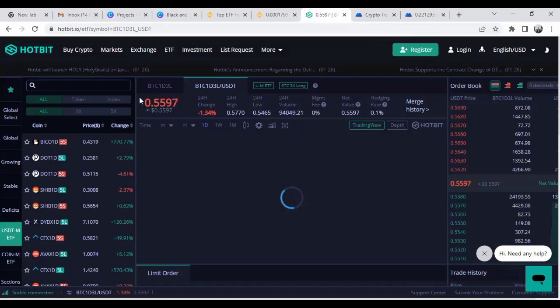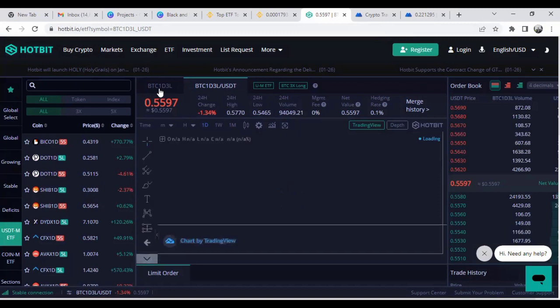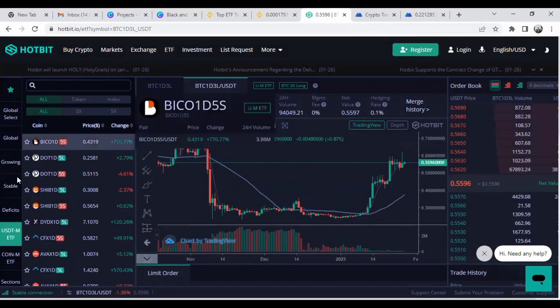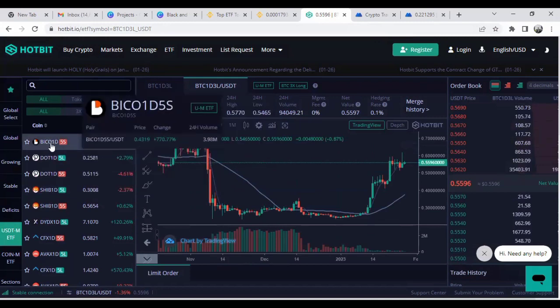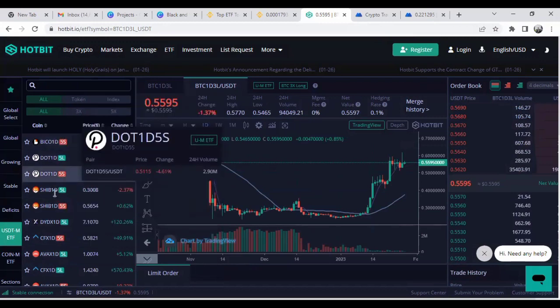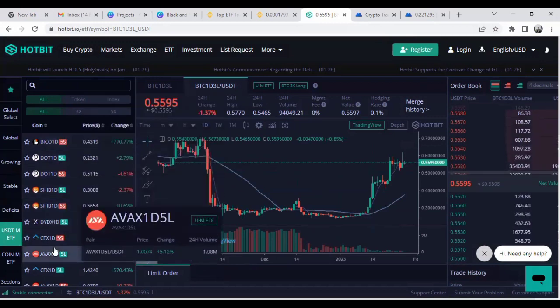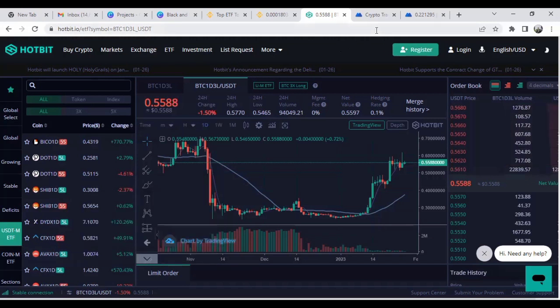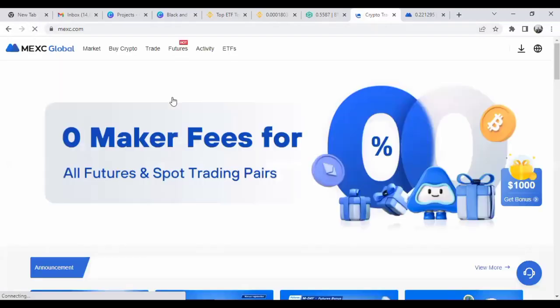You're seeing here, we have BTC ETF, the derivative of BTC actually. So you can always search. These are other ETF tokens. You can always search to trade any of these as well, based on whatsoever analysis you're using and whatsoever coin you wish to trade. Now, you would see that we also have ETF offers on Mexc as well. I'm just waiting for this to load.